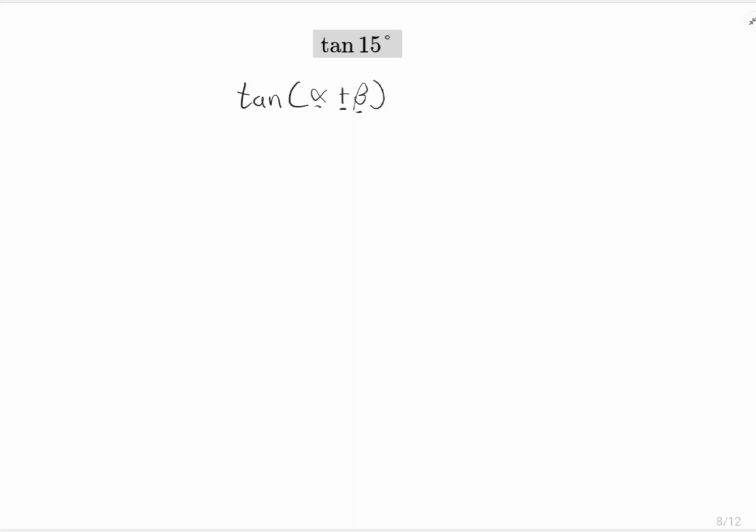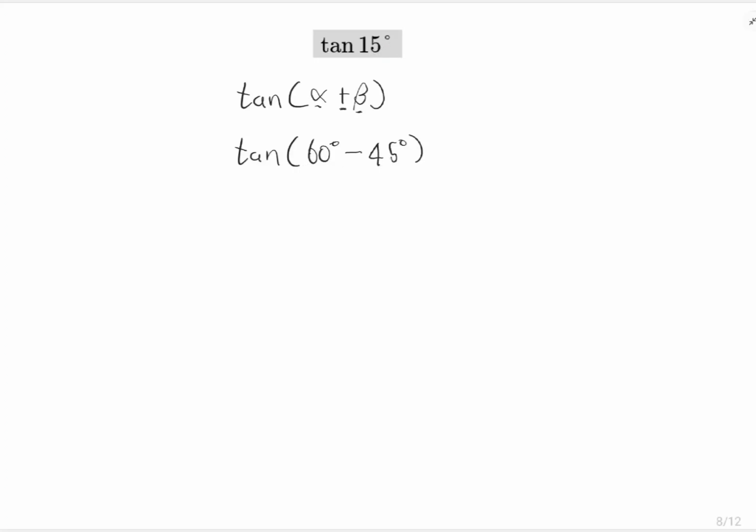You can just choose any two special angles and see if they add up or subtract to 15 degrees. By the looks of it, 60 degrees minus 45 degrees, both special angles, is going to be 15 degrees, right? So yeah, we can go ahead and do this.